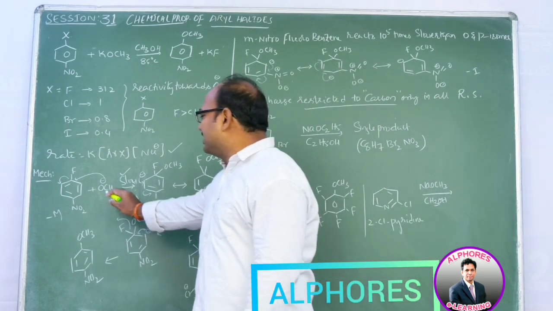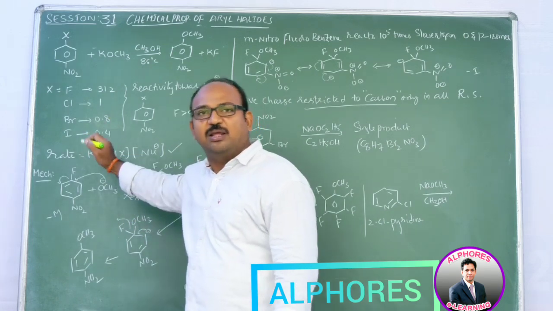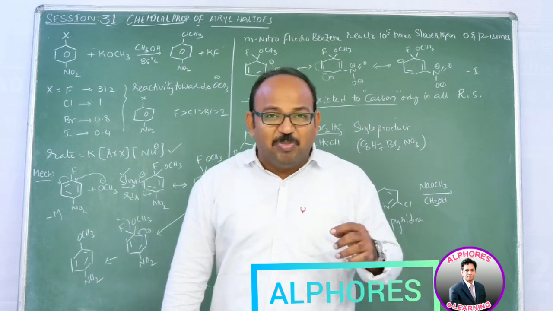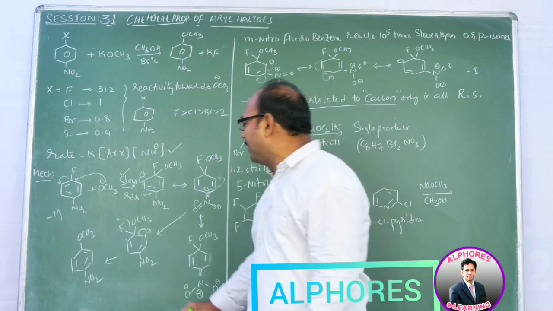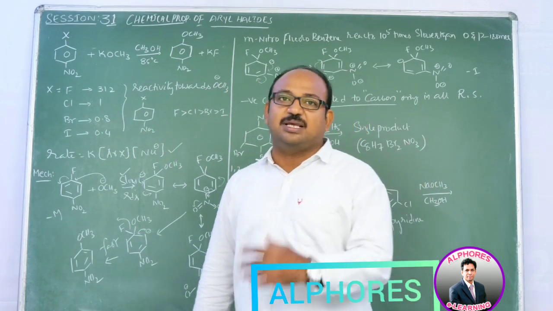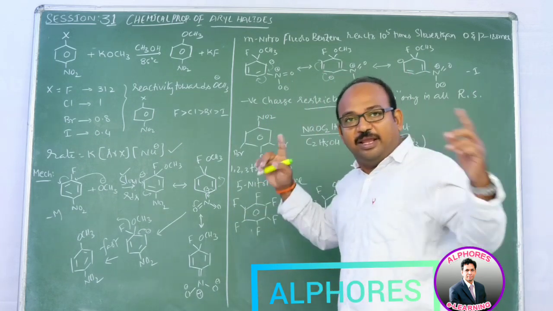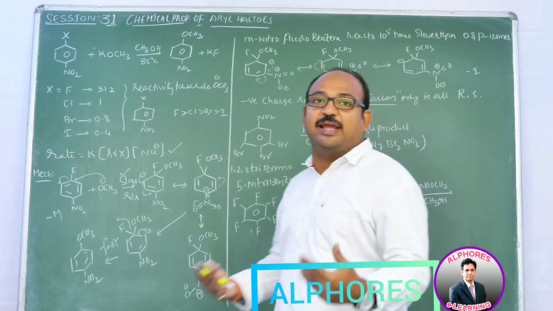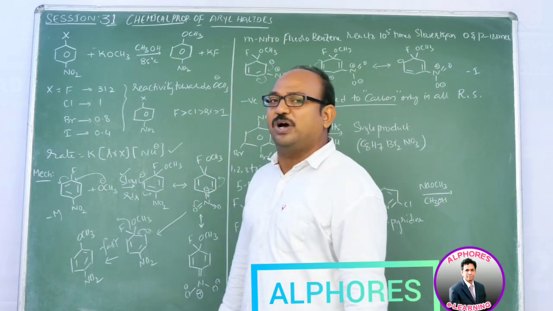Here the rate determining step is the attack of OCH3 minus upon the fluorine containing carbon, or halogen containing carbon. But C-F bond breaking is the last step, that is a much faster step. When it happens, while the ring reattains its aromaticity, F minus departs very fast.